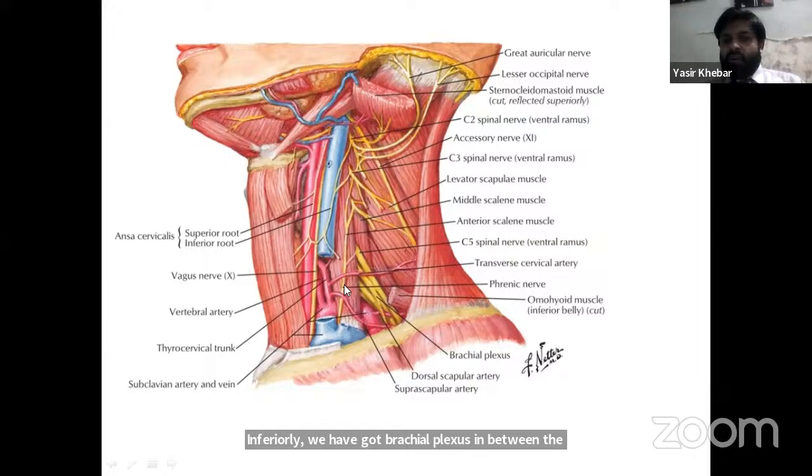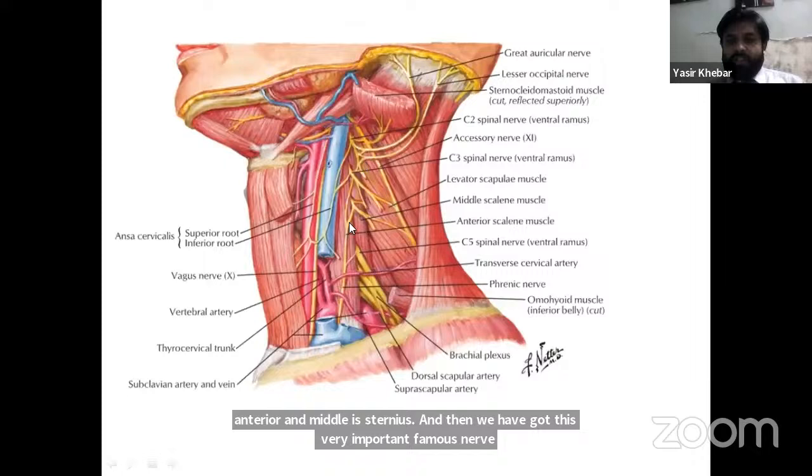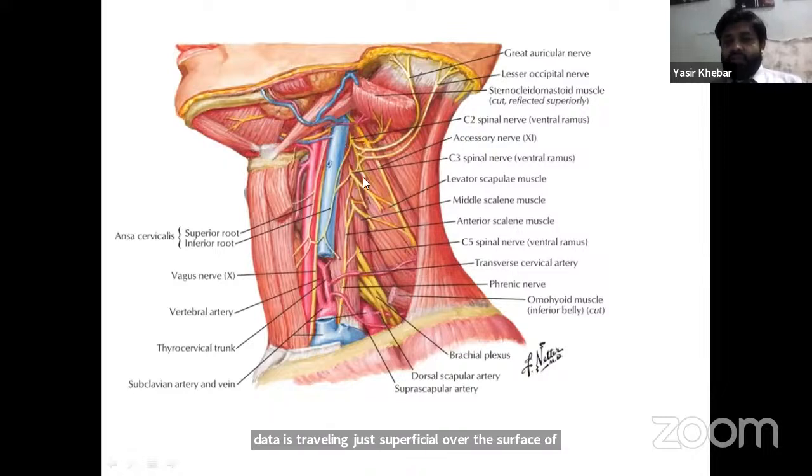And then we have got this very important famous nerve, C3, 4, 5, keep the diaphragm alive. This is the phrenic nerve that is traveling just superficial over the surface of the anterior scalenus muscle. So these are the nerves which are in posterior relationship of the internal jugular vein.